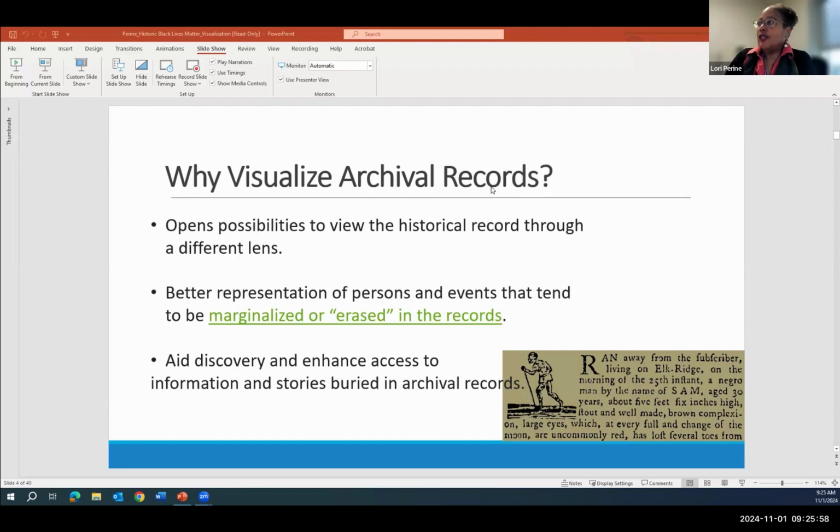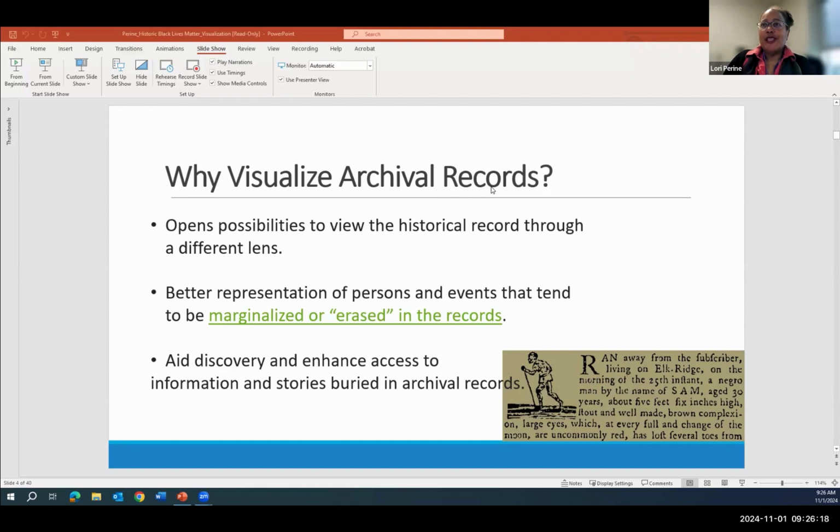The second reason is the opportunity for us to have better representation of the people and events that are in those records, in particular, records that deal with African American and Black experience in the United States.